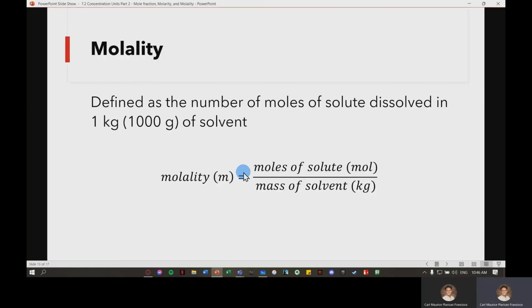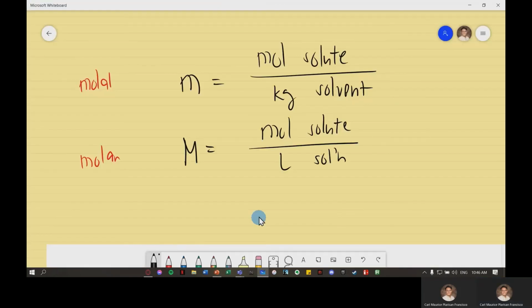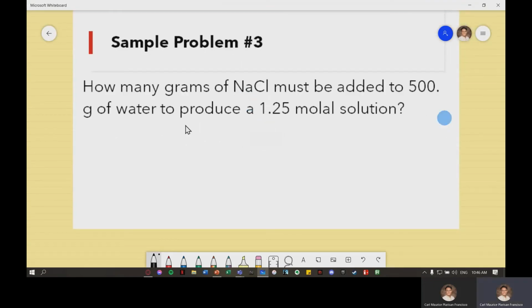Let me give an example. How many grams of sodium chloride must be added to 500 grams of water to produce a 1.25 molal solution? Now in this problem, it seems like the grams of solute is missing. We already have the solvent and the molality.